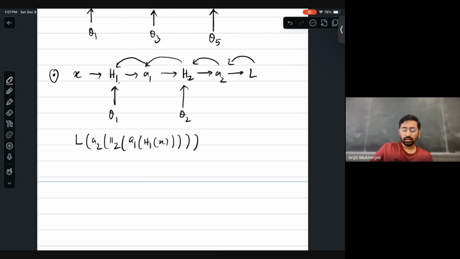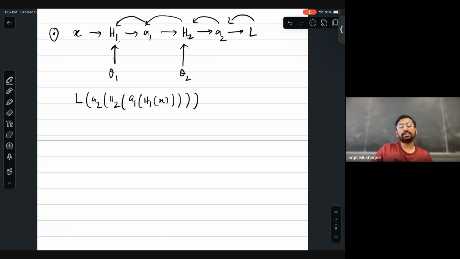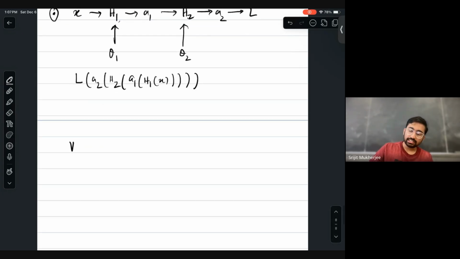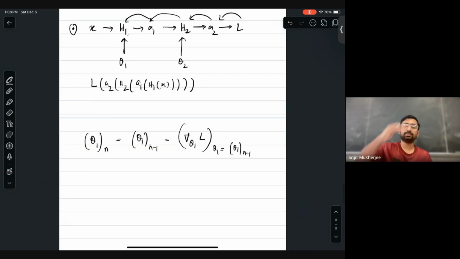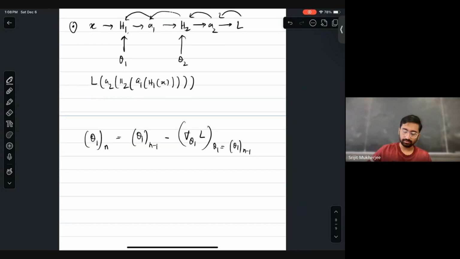But understand, some of the layers have theta 1 and theta 2. So when you are doing the derivative, for theta 1 you have to do the update separately. For theta 1, the layer 1, n minus 1, del of theta 1 L at theta 1 is equal to theta 1 of n minus 1. This theta 1 is not the same as the iterative one, but the layer theta 1. Theta 2 of n will have this.